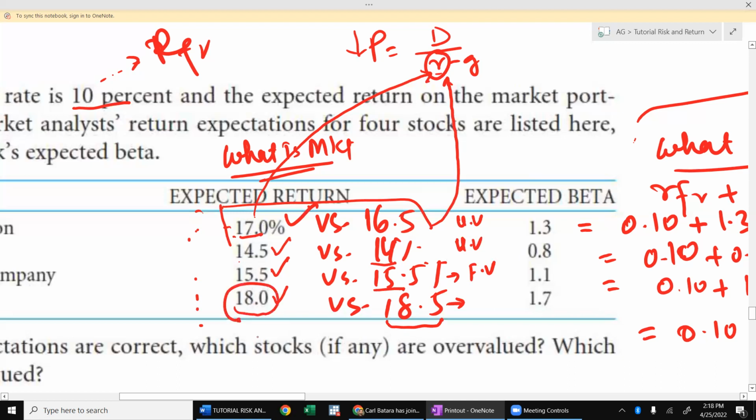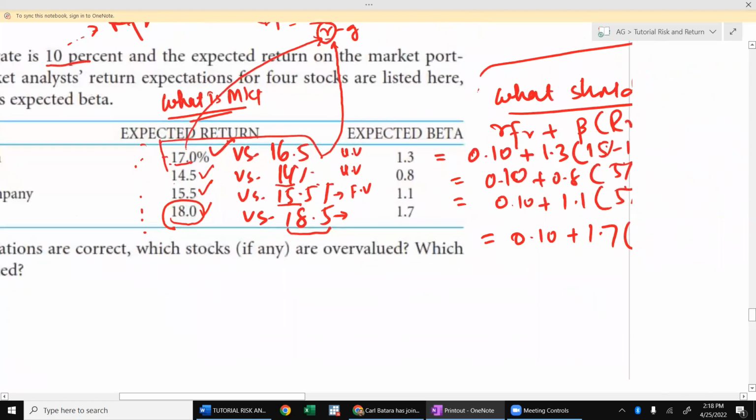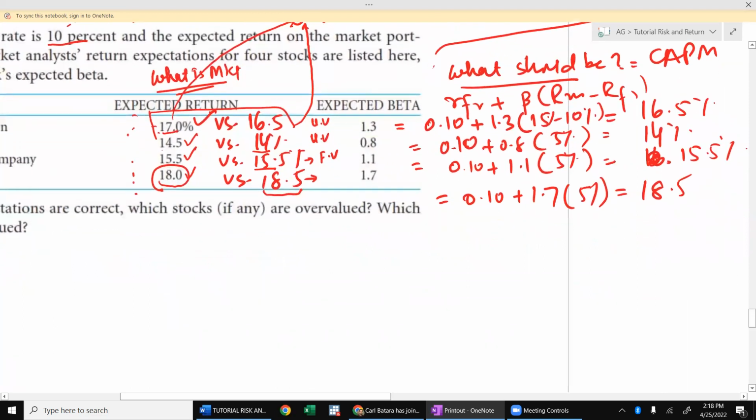In this situation, the price will be higher. So the situation will be overvalued or undervalued? Now let me draw it. I will ask you to draw this. First of all, there is risk, and then return, meaning RE.